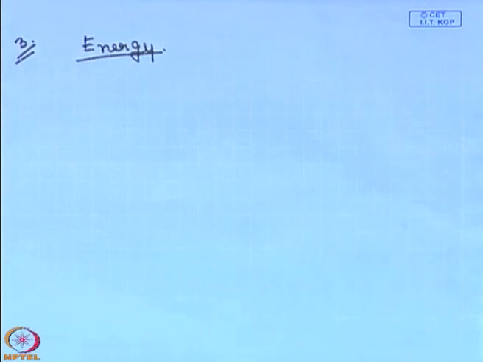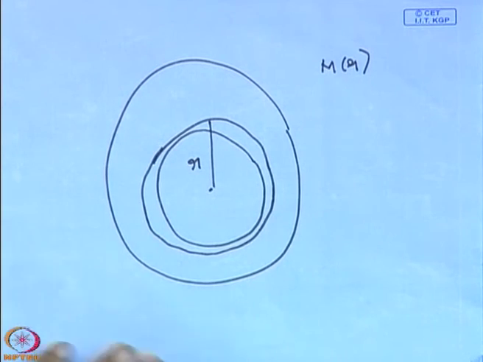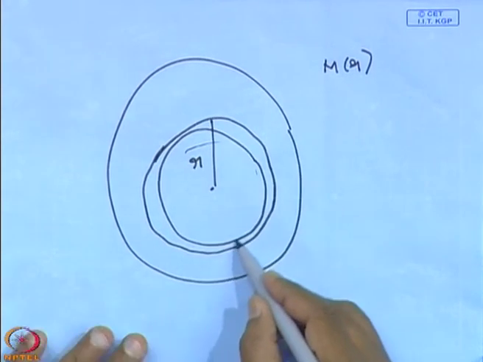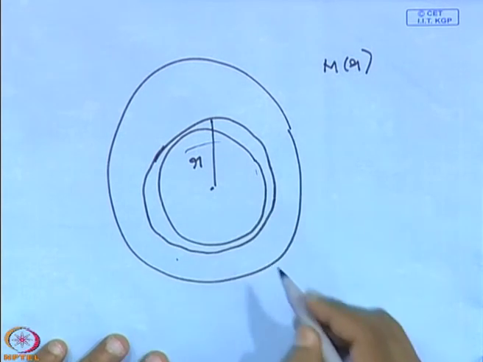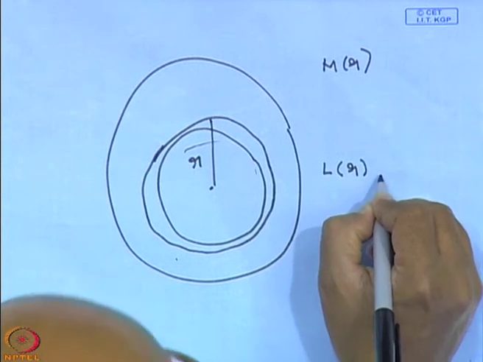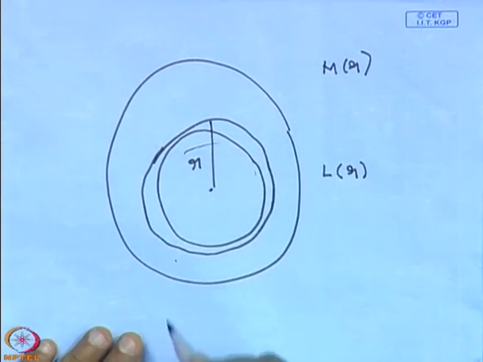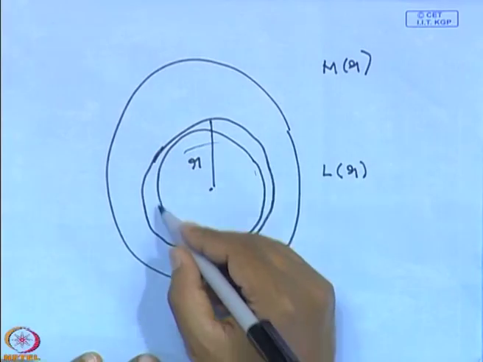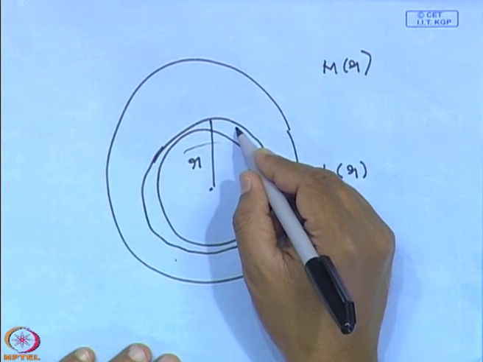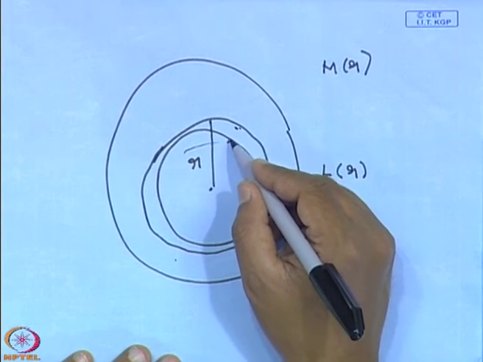So, let us go back to this picture. Now, let us say that the luminosity at a distance r is L(r). Okay. And the luminosity at a distance r plus delta r is L(r plus delta r). So, let us just calculate the difference in energy flux between here and here. Okay.